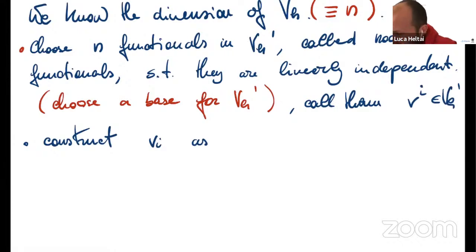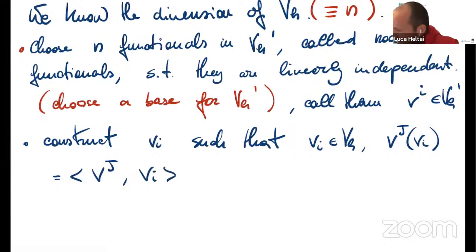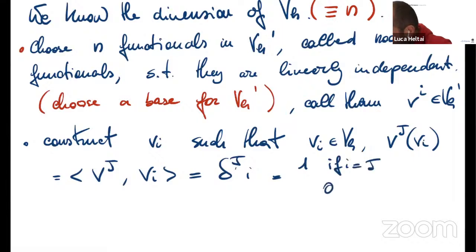And we construct V^i such that V^i belongs to VH and V^j evaluated on v^i, which can also be written as V^j tested against v^i, is equal to the Kronecker delta, delta_ji, which is equal to 1 if i is equal to j, and 0 if i is different from j.